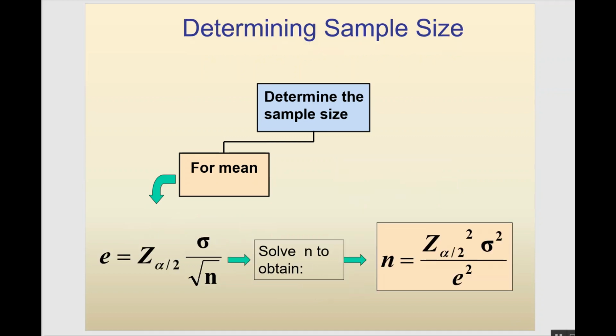And then from here, we solve for n and get into this equation. So n means you get the sample size. So this is basically how we apply the formula to find the sample size.